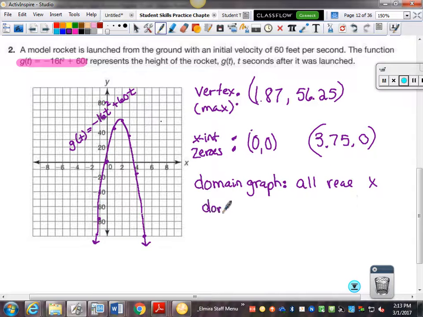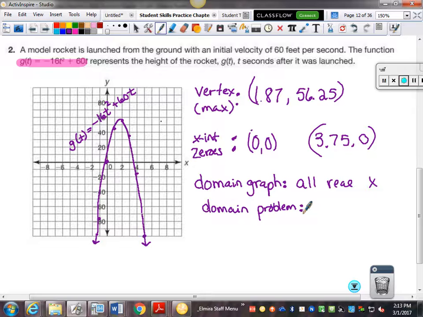But if we're talking domain of the problem, then we're saying, well, can we really have, say, negative x values? Can we have only positive x values? Will all positive x values be okay? And for here, we really want to look at the specific situation.